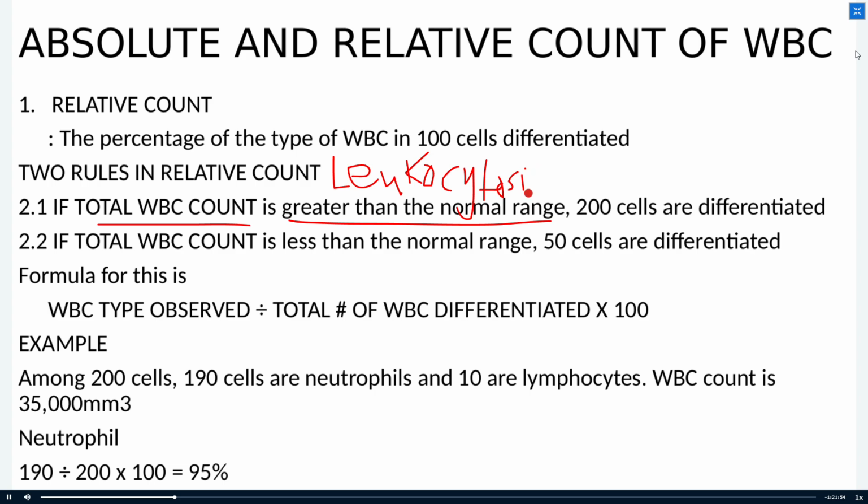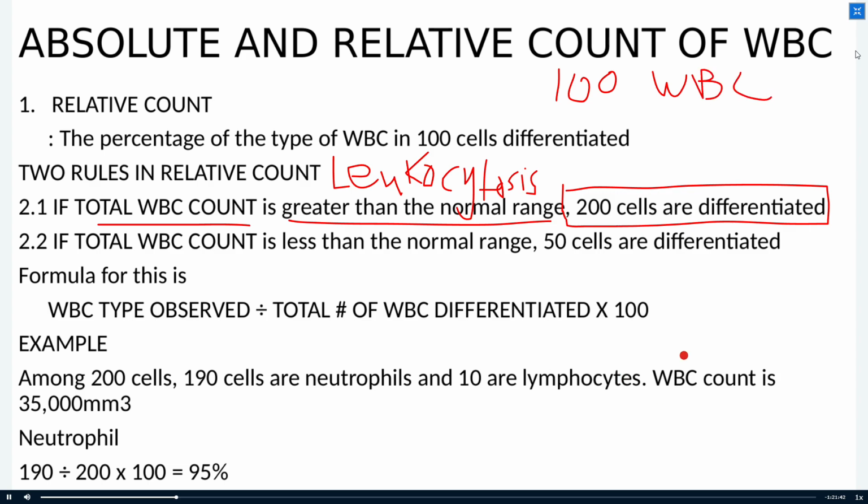You are going to differentiate 200 cells. Di ba pag normal, 100 WBCs? But if there is leukocytosis, let's say greater than 11,000, ang total WBC count ng patient is 13,000 cubic mm, you are going to differentiate 200 cells.